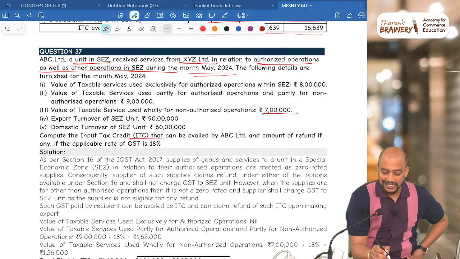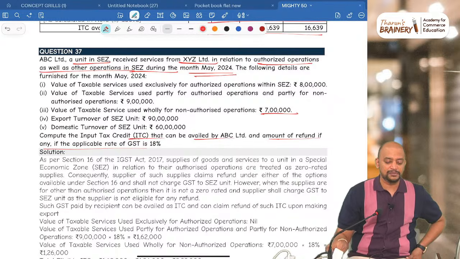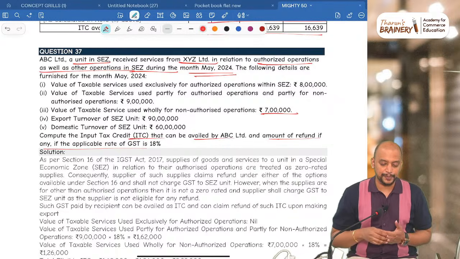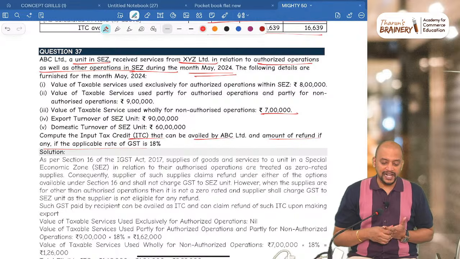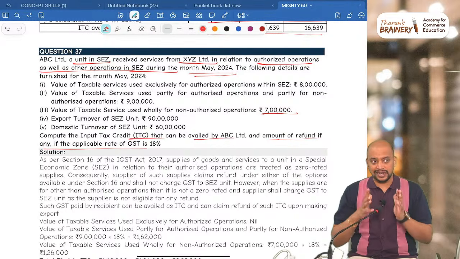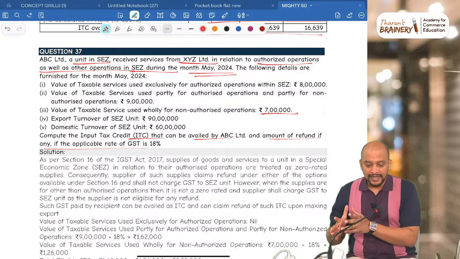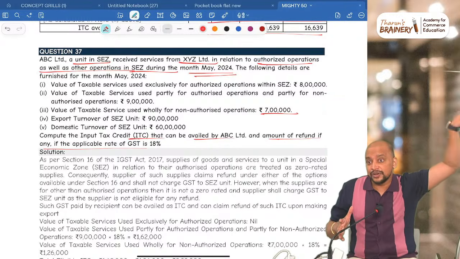Compute the ITC that can be availed by ABC and amount of refund if any, if the applicable rate of GST is 18%. See, first, value of taxable services used exclusively for authorized operations means the supplier who is supplying it to SEZ will treat it as zero rated.